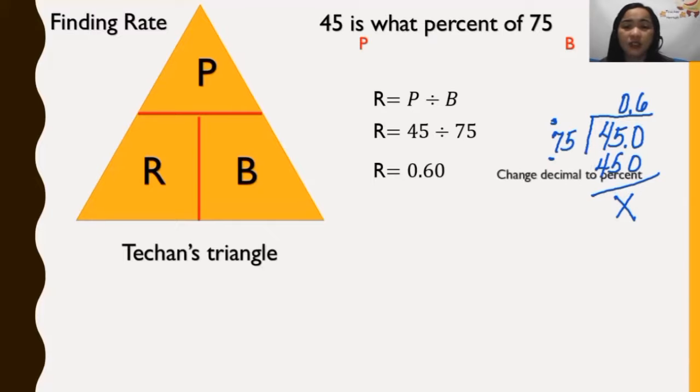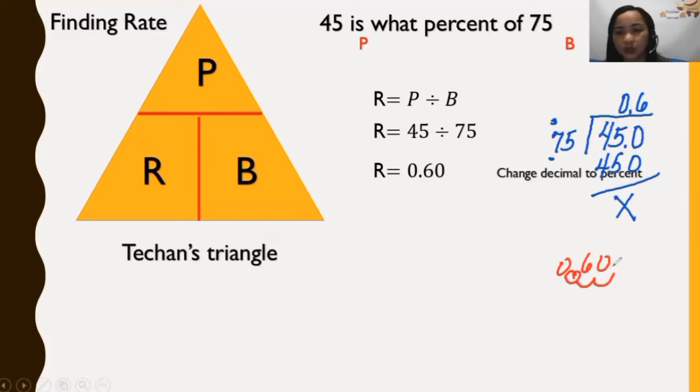What is next is change decimal to percent. You will turn it into a percent. So it's the opposite now. How are you going to change 0.60 to a percent? By moving two places. 1, 2.